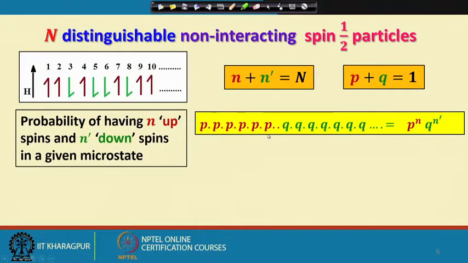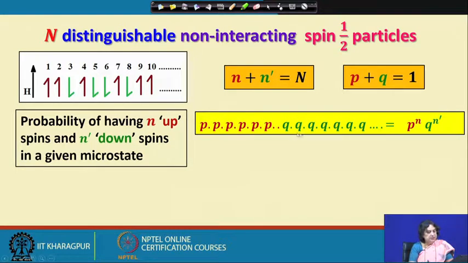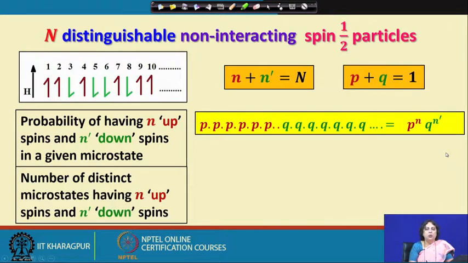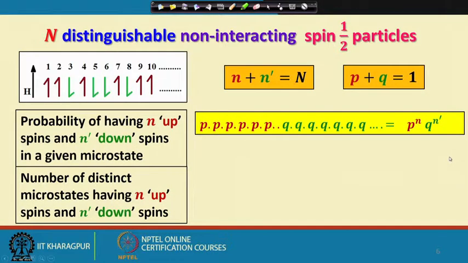Therefore, the probability associated with having small n up spins and small n prime down spins will be given by small n such terms having probability p multiplied by small n prime such terms each having probability q, and therefore, this probability will turn out to be p to the power of n into q to the power of n prime. Now, once we know this, I have the probability of having n up spins and n prime down spins for a given microscopic state.